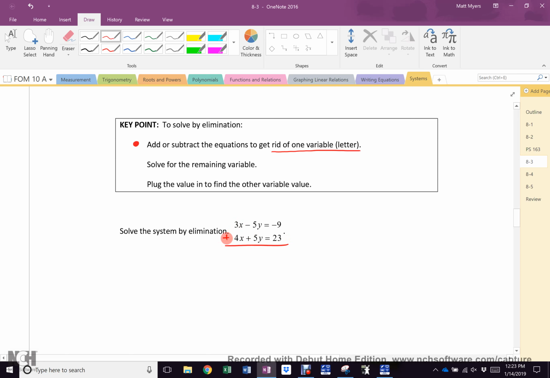What is 3x's plus 4x's? 7x's. What is negative 5 plus 5? 0. What is negative 9 plus 23? 14. Step 2, solve for the remaining variable. How do I do that? Divide by 7. x equals 2. And finally, plug that value in to find the other variable. Where can this 2 go?